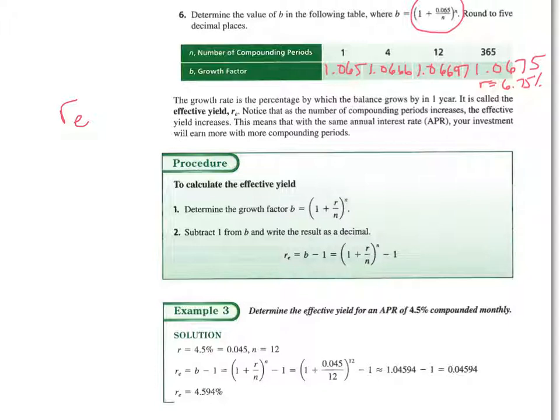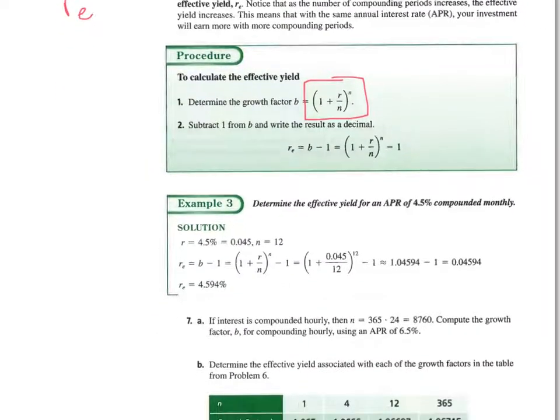To calculate this effective yield, determine the growth factor, which is what we just did. If we know r and n, we can figure out the growth factor right there. Then we figure out what comes after the 1. Remember the actual rate is the actual increase, so we subtract 1 from the growth factor and figure out how much we're actually yielding.